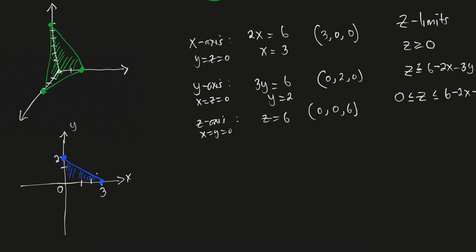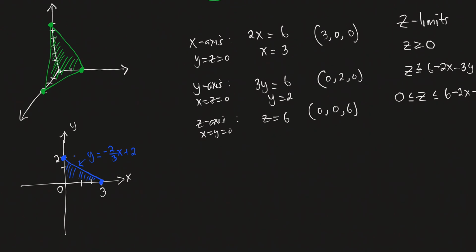So your slope has to be negative 2/3, right? So yeah, we just figured out the equation of that blue line is y equals negative 2/3 x plus 2.